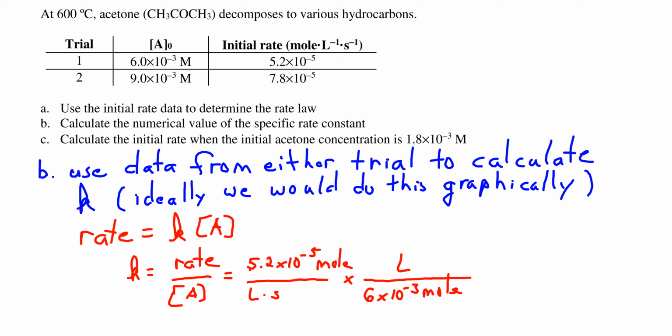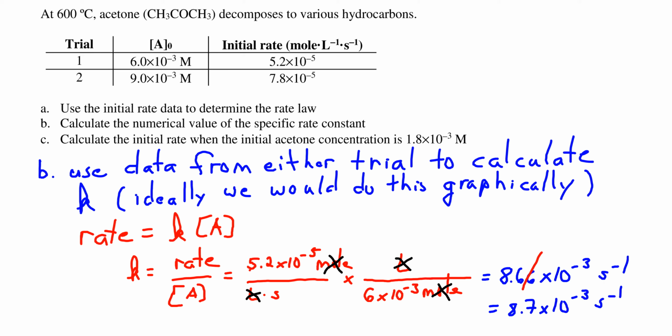This is the rate divided by the concentration of A in trial A. If we look at our units, we see liters cancel, units of moles cancel, and we have units of K of reciprocal seconds, which is what we would expect. And here we are with our final value for K.